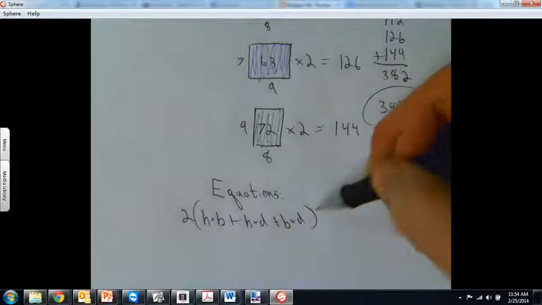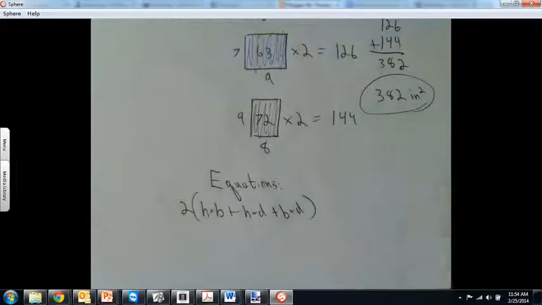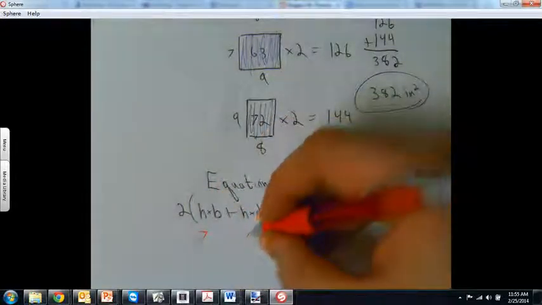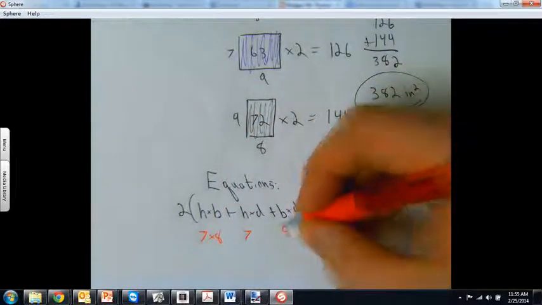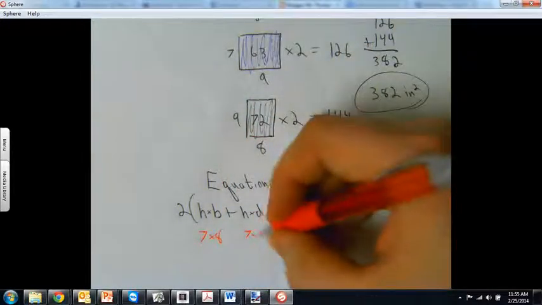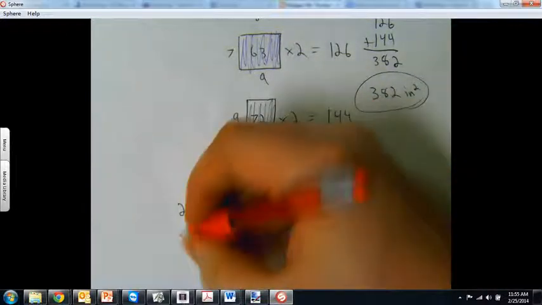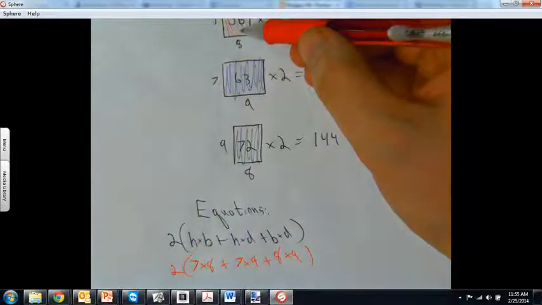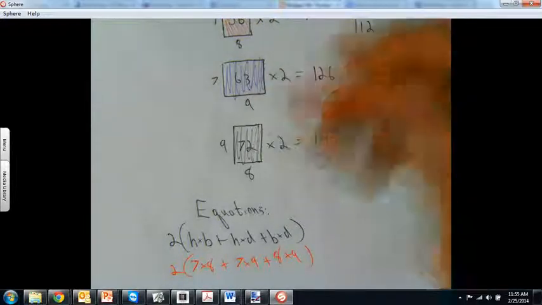I have every combination of H, B, D. Now, just to check my work, if I include our numbers, so the H's are 7s, the B's are 8, the D's are 9, you're going to see what we already had to do. 7 times 8 is what we did up here. 7 times 9 is what we did right here. 8 times 9 is what we did right here, and then we doubled it all.